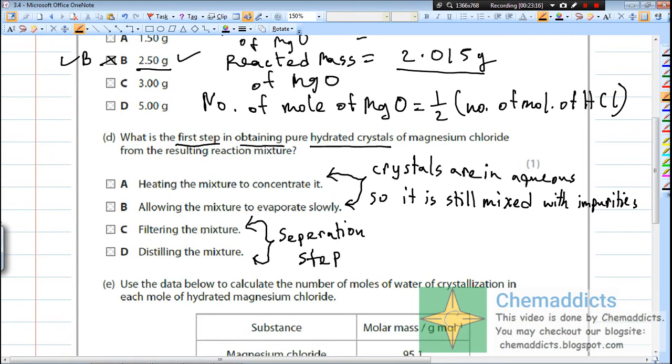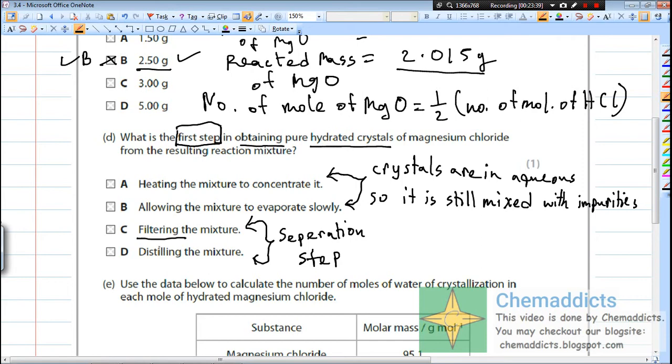So now the question is, which should be the answer? Is it C or D? Well, if we follow the question, we're going to get the answer. Here they have asked us to find the first step. So the first procedure of separation would be filtering.